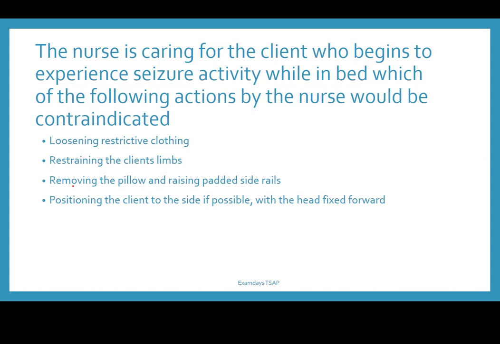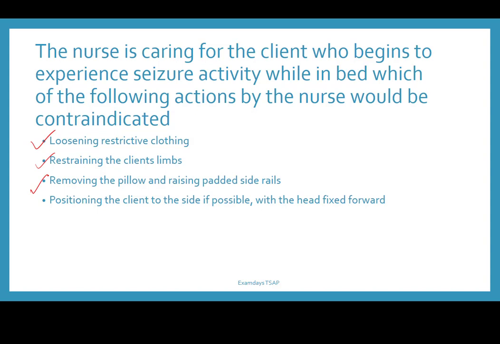Next question: the nurse is caring for a client who begins to experience seizure activity while in bed. Which of the following actions by the nurse would be contraindicated? Option A, loosening restrictive clothing. Option B, restraining the client's limbs.